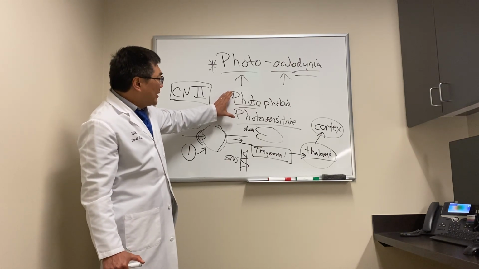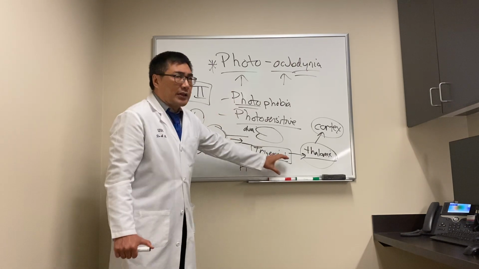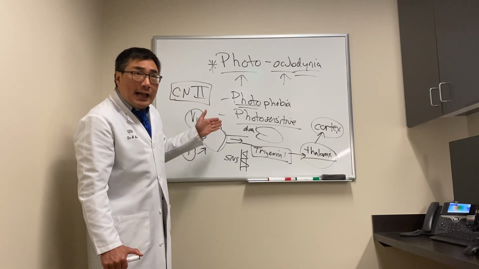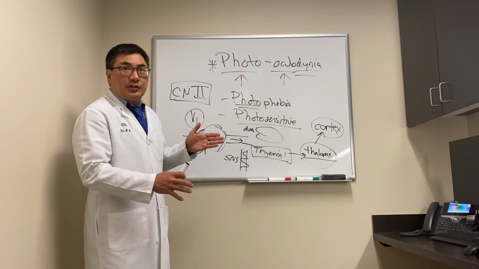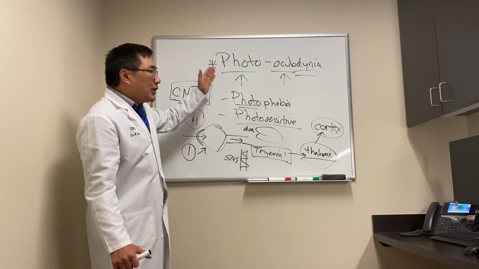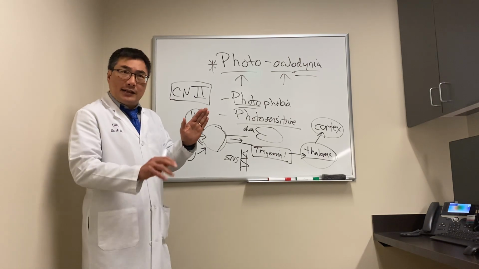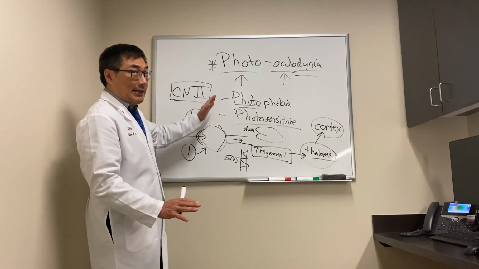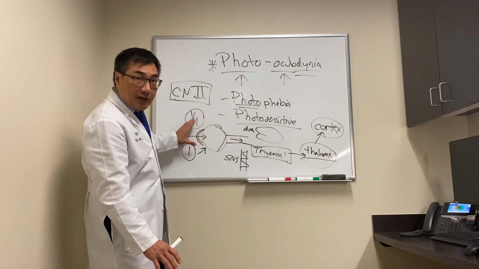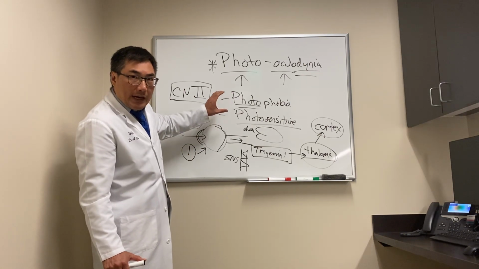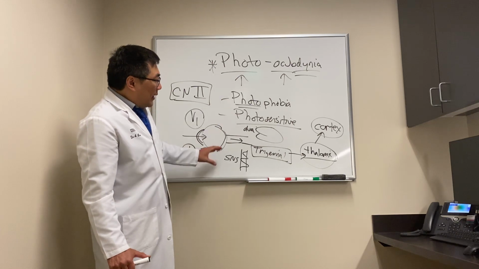It usually means that there's something wrong on the trigeminal side. In the literature, the sunglass sign normally implies that the person is non-organic. But what if they don't have any vision loss and they're wearing the sunglasses? Then I don't think we should apply the sunglass sign to people whose complaint is not afferent related on the visual side. They might actually be photophobic. They might actually be photosensitive.